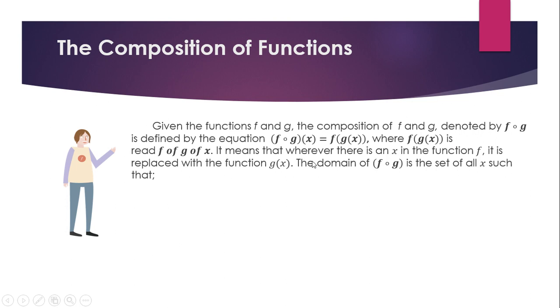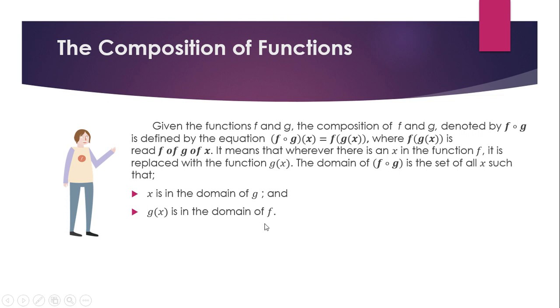It means that wherever there is an x in the function f, it is replaced with the function g of x. The domain of the quantity f circle g is the set of all x such that x is in the domain of g and g of x is in the domain of f.